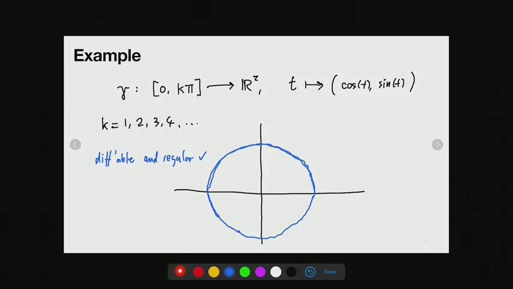Is it simple? Is that a simple curve? The answer may depend on k. For example, for k equal 1, I take a half circle step. Is it simple? Yeah? Is that still simple?